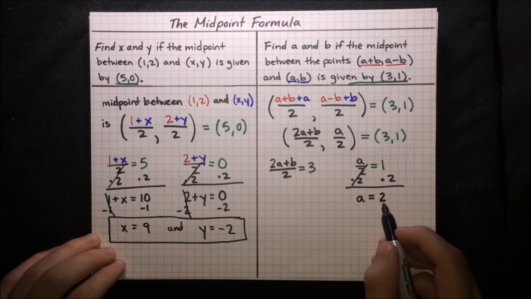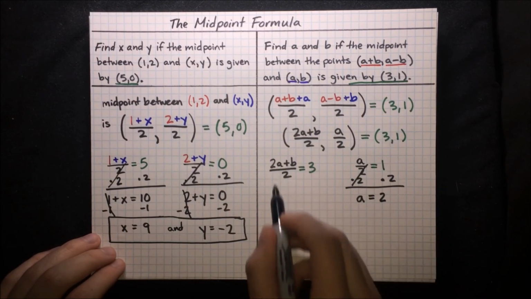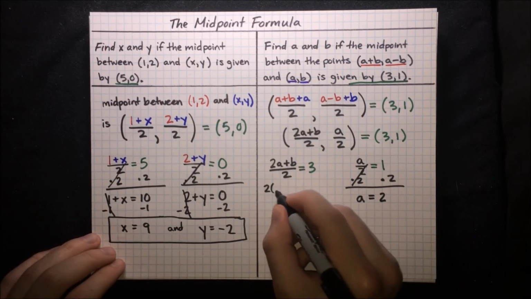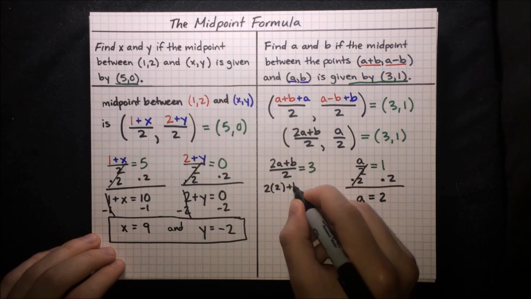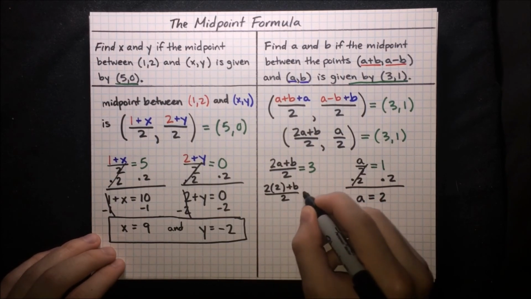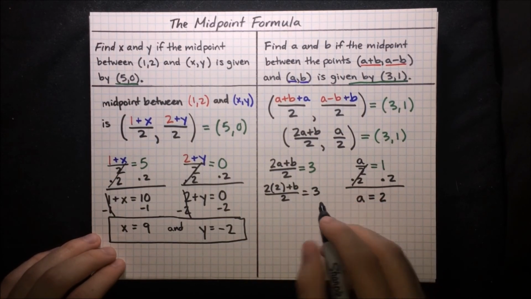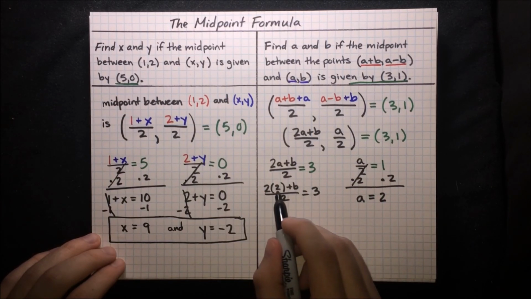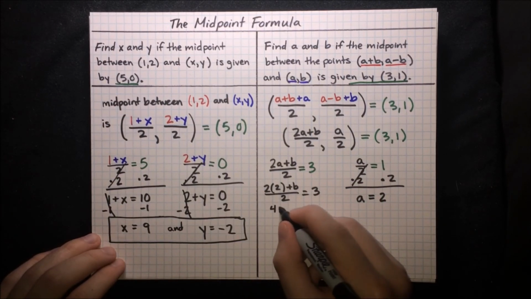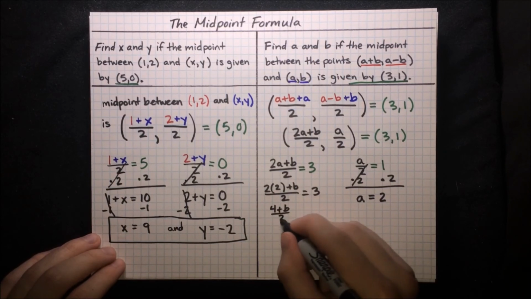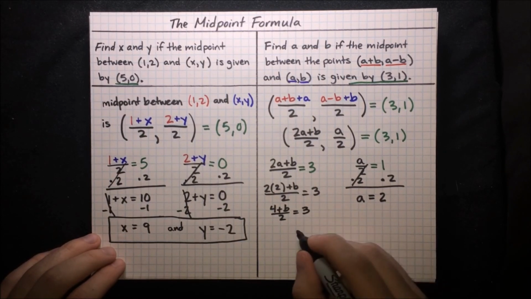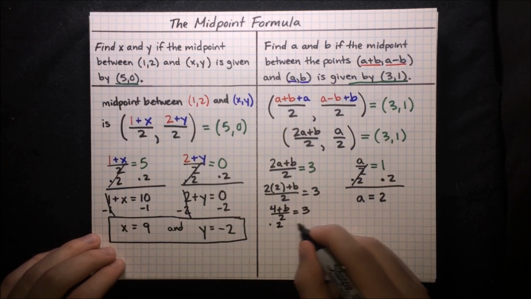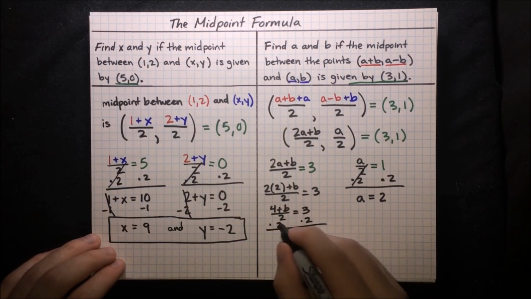And now that we know that a is 2, we can just substitute it into here for a. So 2 times 2 plus b over 2 equals 3. And now we can just solve this for b. So let's simplify it first. 2 times 2 is just 4. So we have 4 plus b over 2 is equal to 3. Now we can just multiply both sides by 2 to get rid of that denominator.